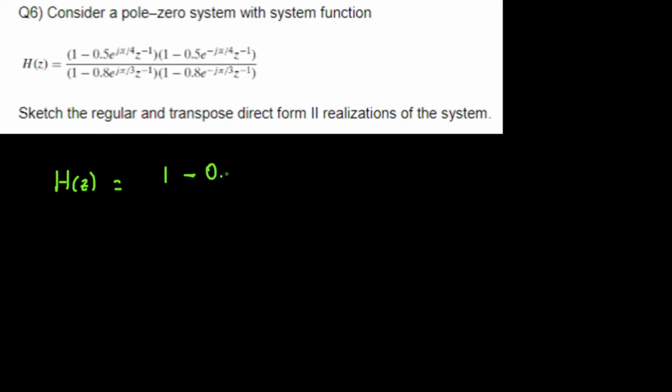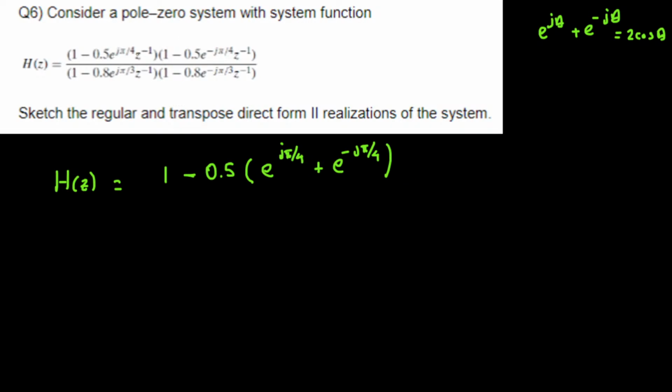So we can take the 0.5 common and add the other two together, like e^(j5π/4) plus e^(-j5π/4). We are taking these together because if you have e^(jθ) and e^(-jθ), that is equivalent to 2 cos θ. So in that way we can simplify this one.